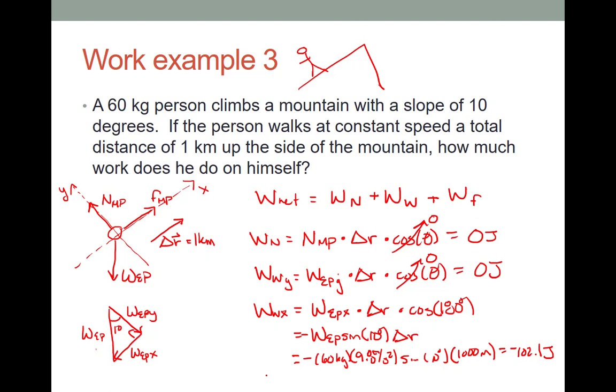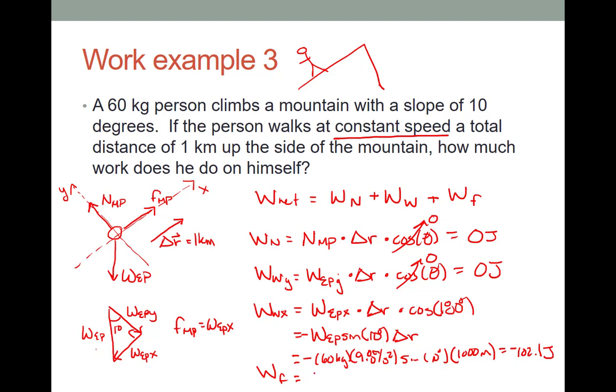The last bit I have is the work due to friction. But we know that the person is walking up the mountain at constant speed. Therefore, the force of friction must equal the x component of gravity. And we see that the friction and the displacement are in the same direction.